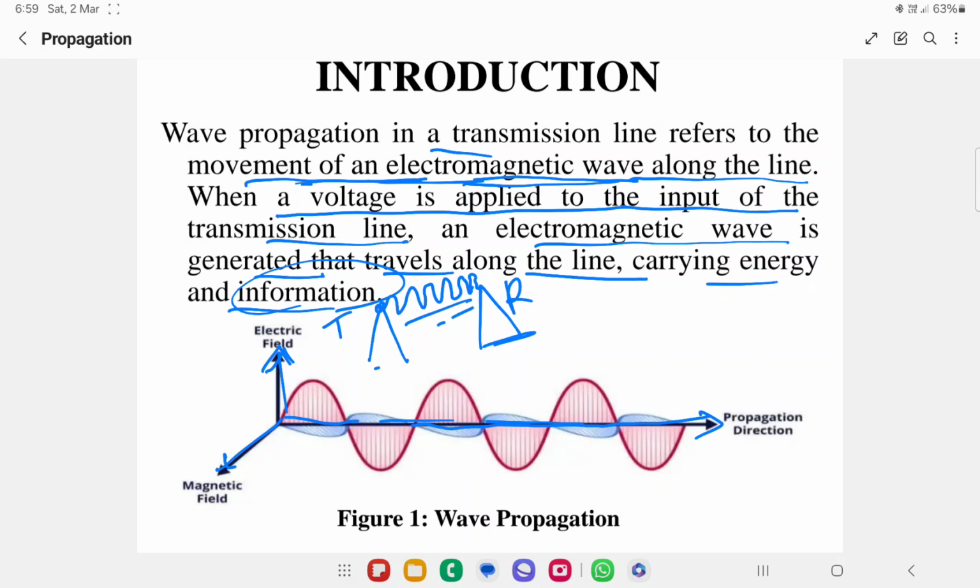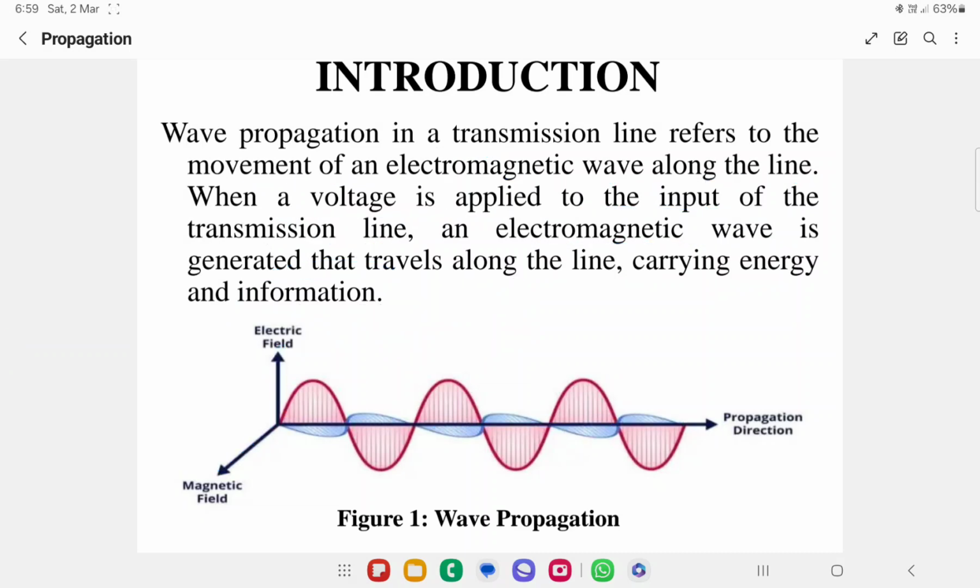In between, the wave will propagate. So simply the movement of this electromagnetic wave, which is your signal carrying some information, along the line is what we call propagation in a transmission line.